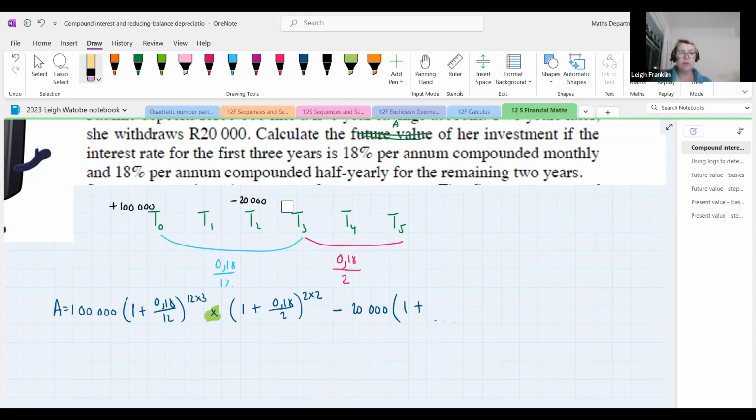So if you spend your time on the easier questions writing more than you need to, that's where time becomes a problem for you in answering an exam. Okay, so that's why I'm showing you these shortcuts, so you can get to the answer quicker and have more time for the things that actually require it. Okay, so let's just finish this off.